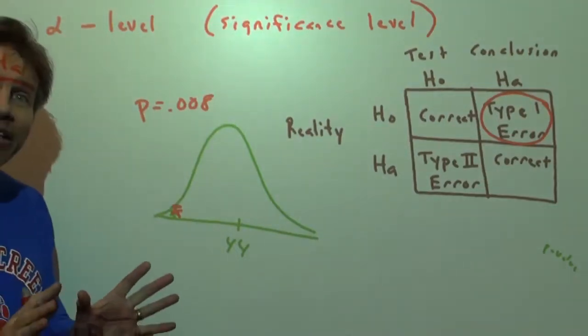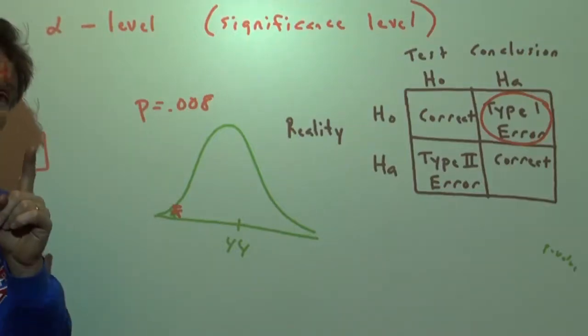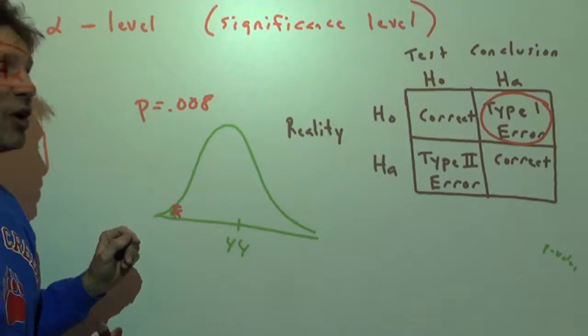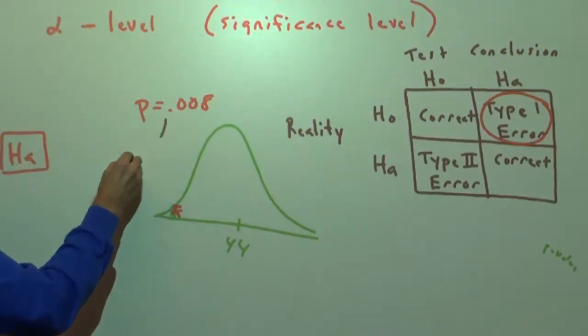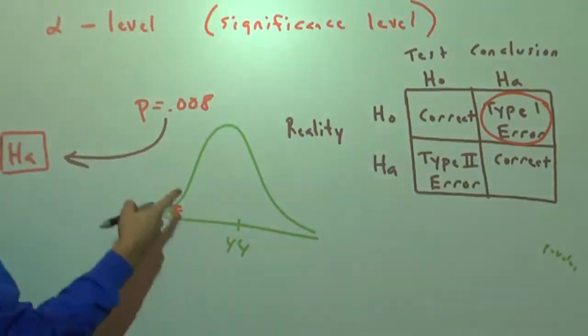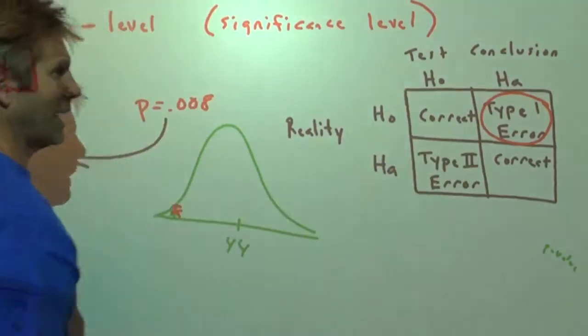Well, it just happened due to random chance. You got unlucky. But what's the probability that it happened due to random chance? It's that. So that's the probability of us being wrong if we go with the alternative. That's the probability of making a type 1 error. The p-value is the probability of making a type 1 error.